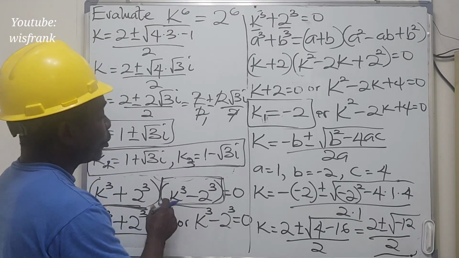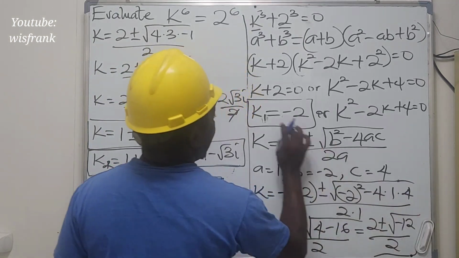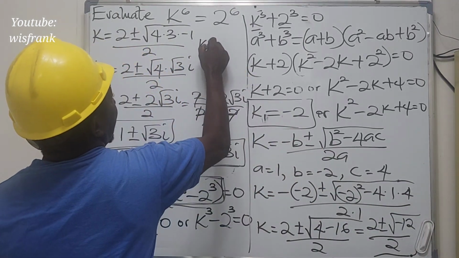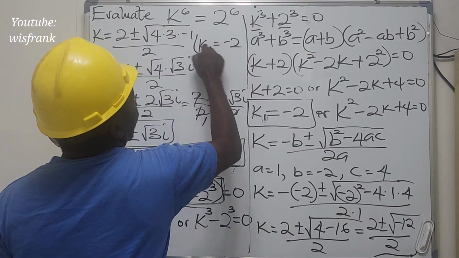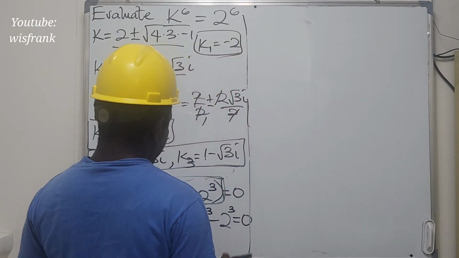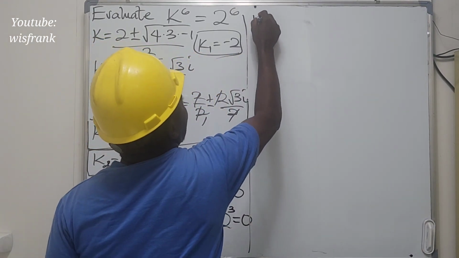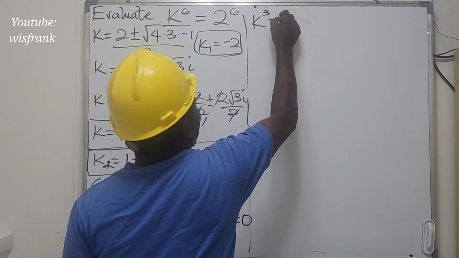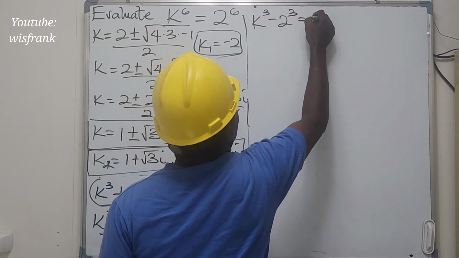Before we continue, we need to clean this. Let's rewrite this. We have k1 as minus 2. So as we said, we are taking this. We have the second one, which is k3 minus 2 to the power of 3 equals 0.